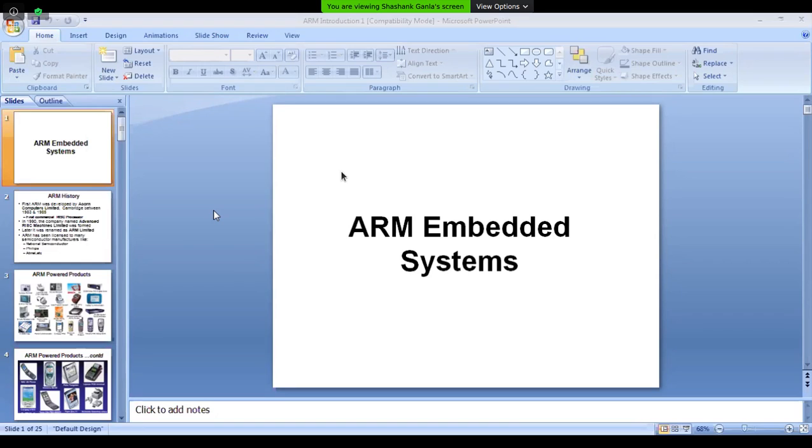After he had set up the company, probably in the mid 90s, he released the first commercially hit architecture, that is the ARM7 architecture. And from then onwards, there was no stopping the growth, popularity and domination of ARM architecture. I repeat, from the mid 90s itself, 95, 96.